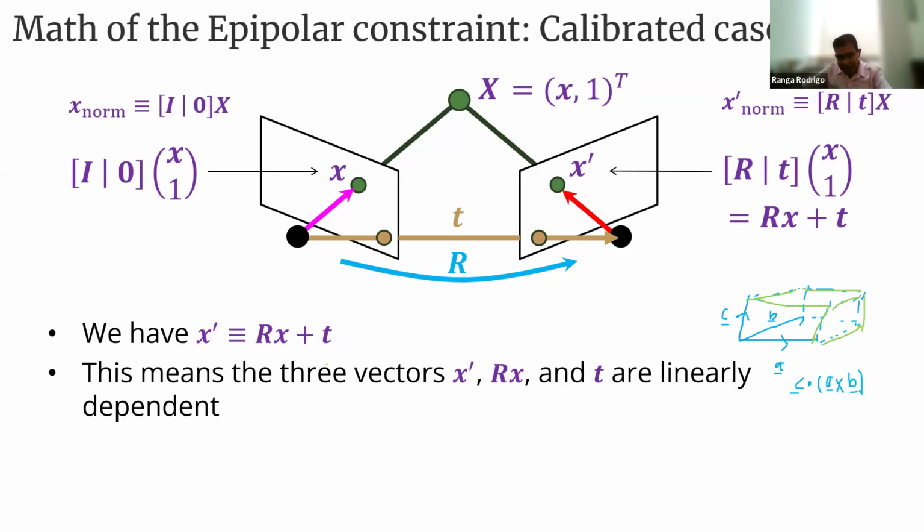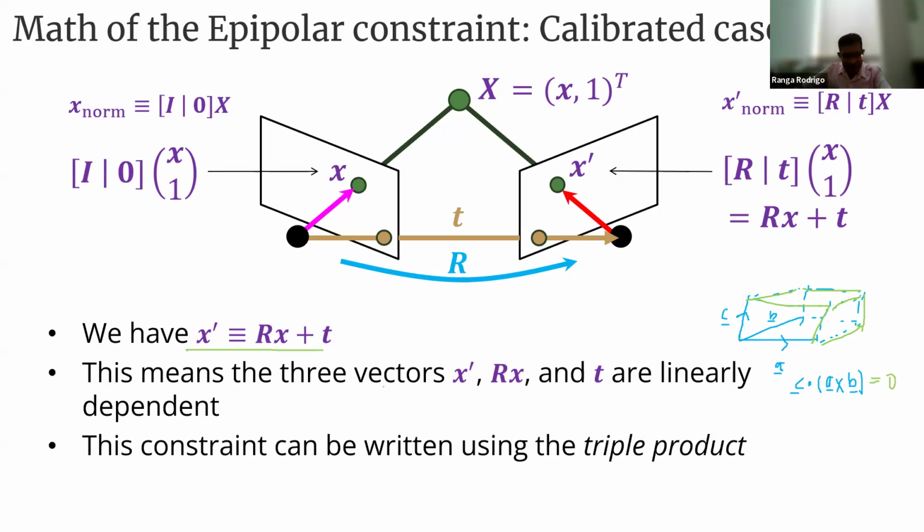So if the vectors are linearly dependent, like so, that means the third vector is on the plane of the other two. They are on the same plane. If they are on the same plane, this volume must be zero. So we can set it to zero if they are linearly dependent vectors.